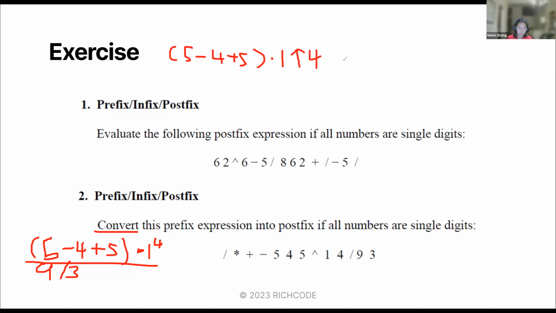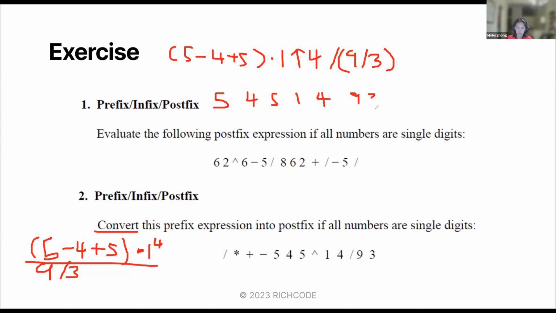And then 9 divided by 3. Once again, we put all the numbers, or the operands, in the order they appear first. So 5, 4, 5, 1, 4, and then 9 and 3.